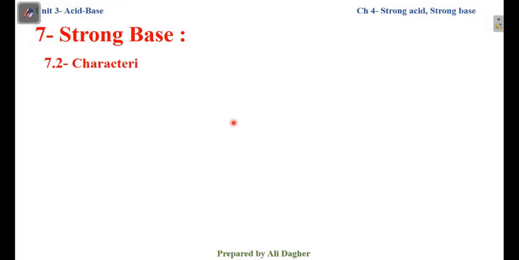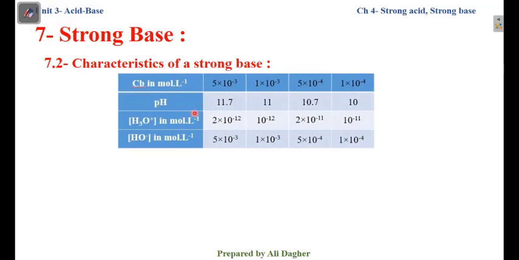Now, characteristics of a strong base. Based on this table, we will deduce the characteristics of a strong base. For each solution, if we compare the concentration of the base to the concentration of HO minus, we find that they are equal.